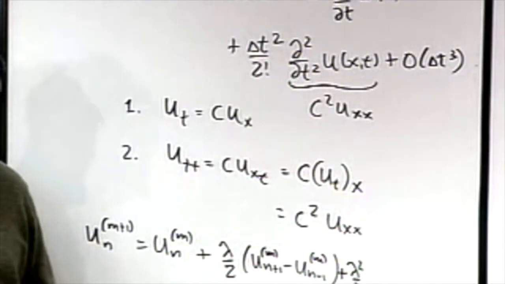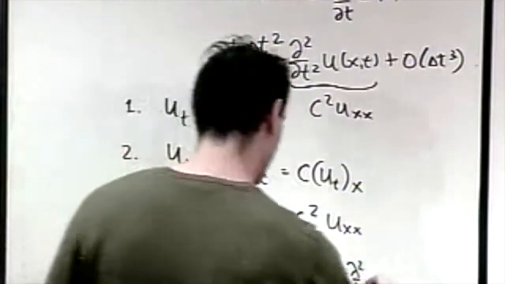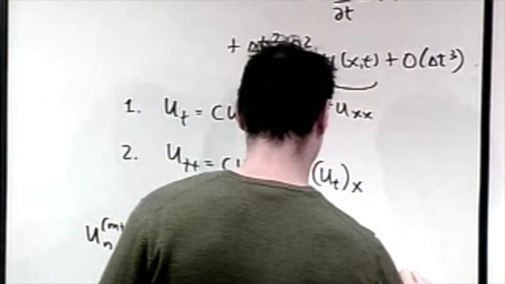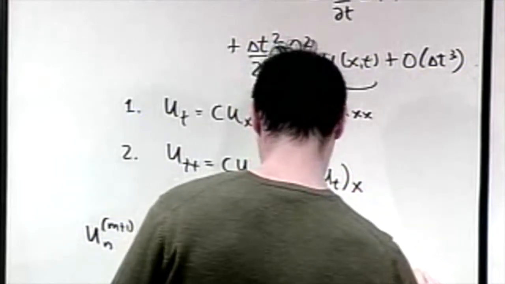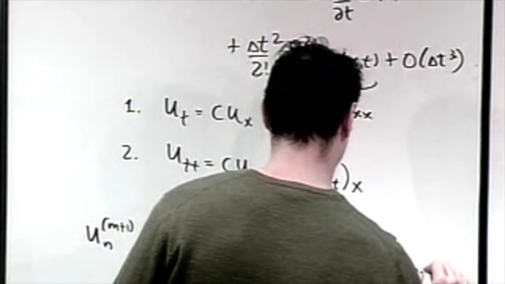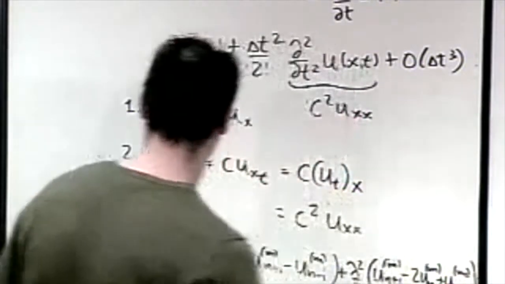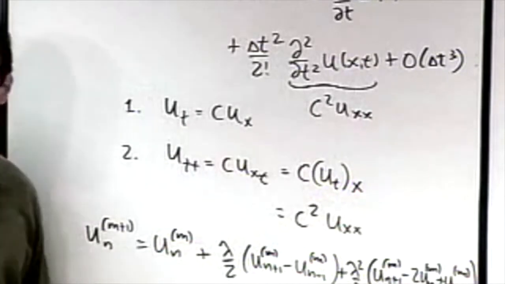And so this is going to give you lambda squared over 2 times u of n plus 1 m minus 2 u of n m plus u of n minus 1 m. And there is the Lax-Wendroff scheme.